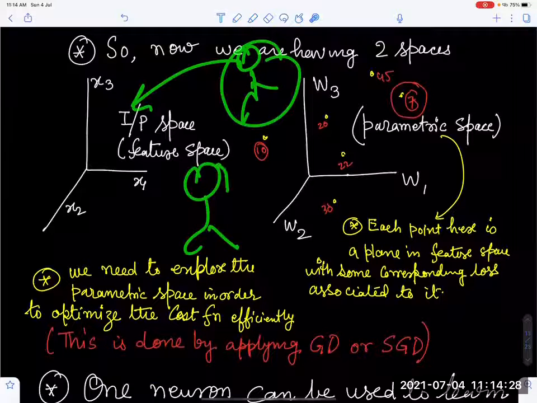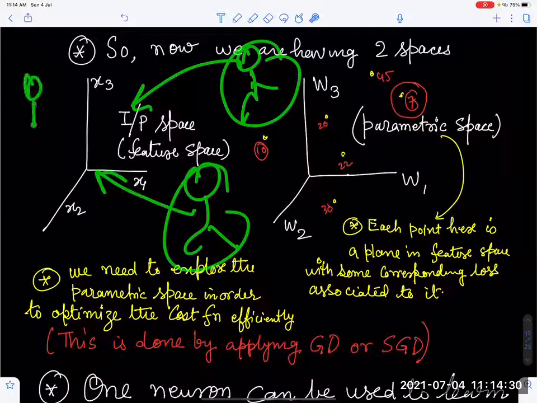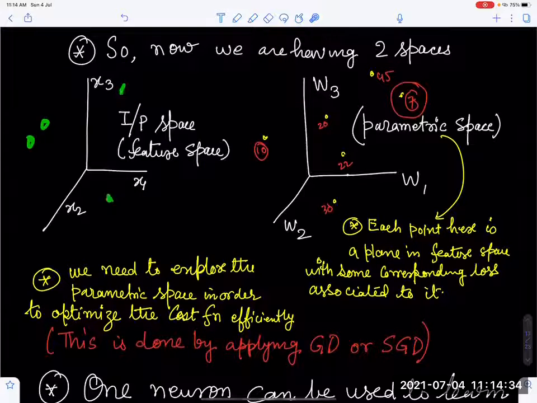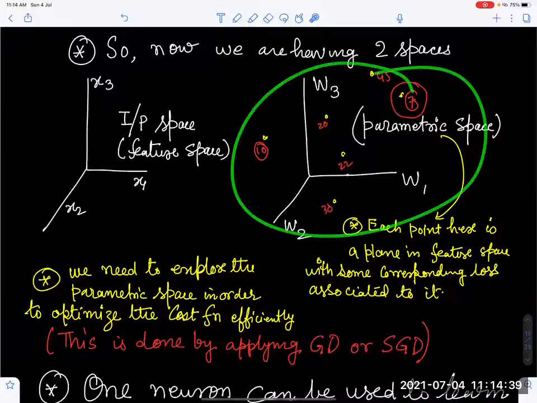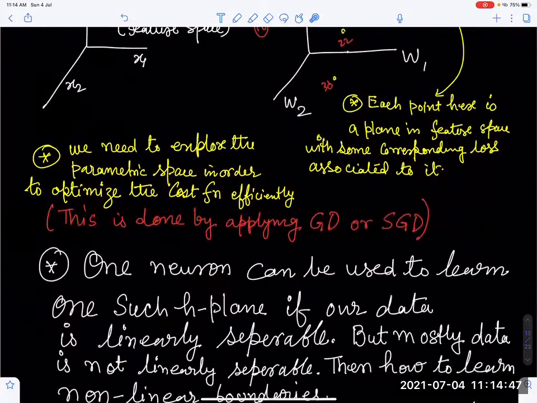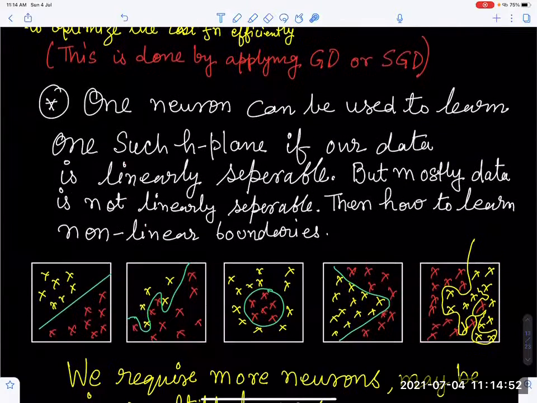I take Anish Bose, he's projected over here. I take someone else, he's also projected over here. Then this is my parametric space, in which all possible points are nothing but the planes over here. And we want to find the best possible plane that can solve our problem.